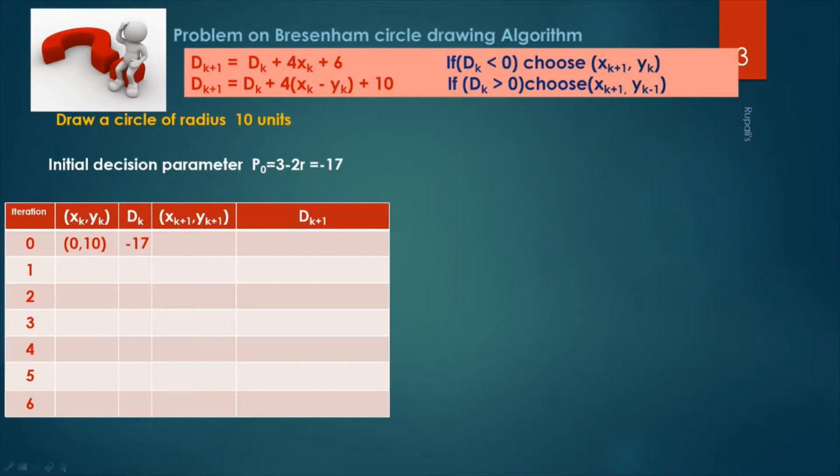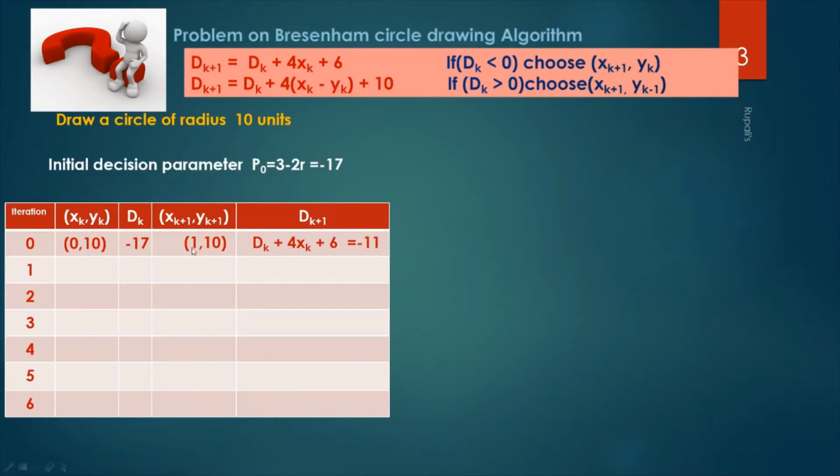When first case, the next value of y is the same, that is 10. So it is (1, 10). And the next value of decision parameter, first case because dk less than 0, it is minus 11. Here x is 0 and dk is minus 17, so we get minus 11. In this way you have to proceed.